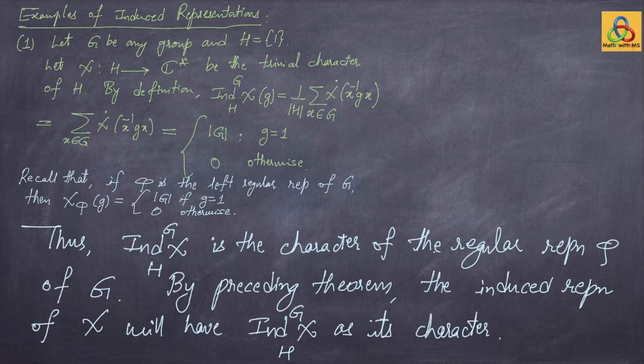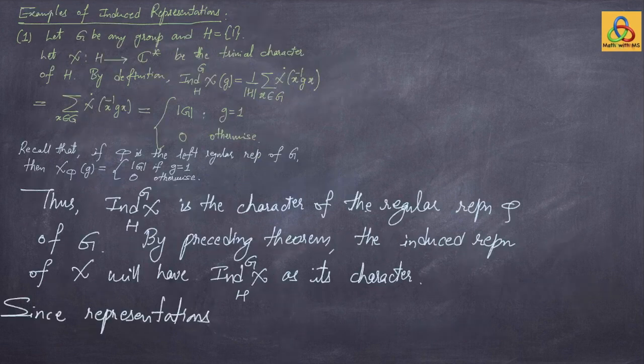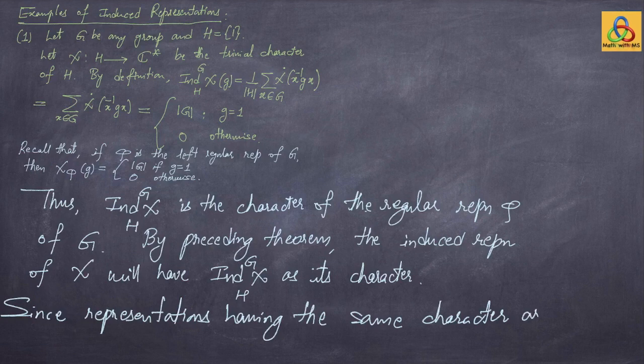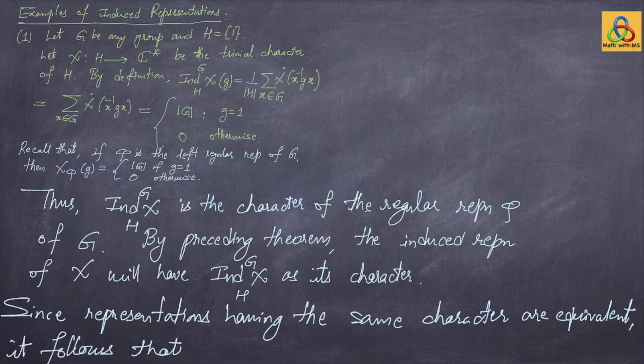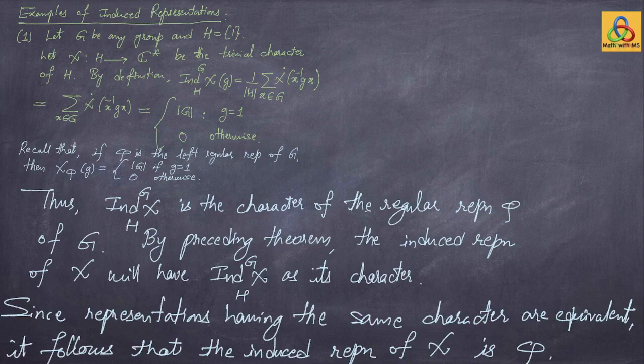But the regular representation also has the induction of chi from H to G as its character, and two representations have the same character if and only if they are equivalent. Since representations having the same character are equivalent, it follows that the induction of chi as a representation is precisely the regular representation of the group G. Thus, the conclusion is that the regular representation of any group is nothing but the induced representation of the trivial representation of its trivial subgroup.